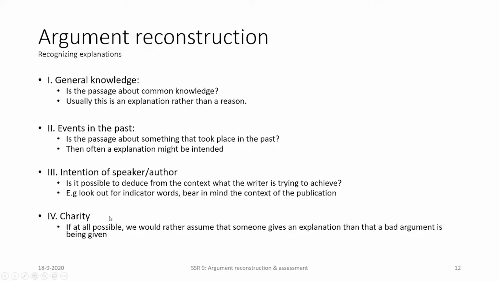So if you can reconstruct something as either a bad argument or an explanation, then it's more charitable to interpret what somebody's trying to say as an explanation, right? It's more charitable to say, I'm just assuming you're trying to give an explanation, because if I would consider it to be an argument, that would look like a really bad argument, right? So that's a final principle that you could apply in deciding between the one or the other.